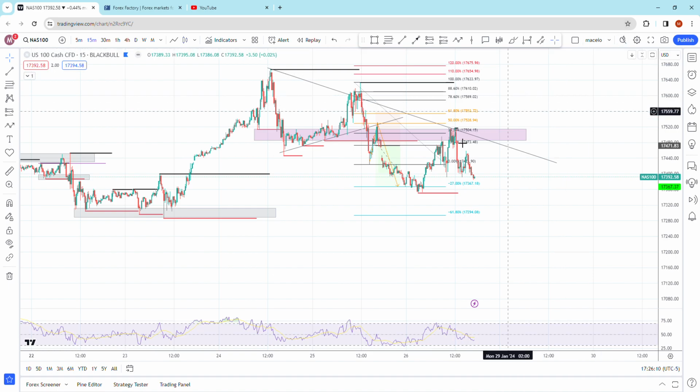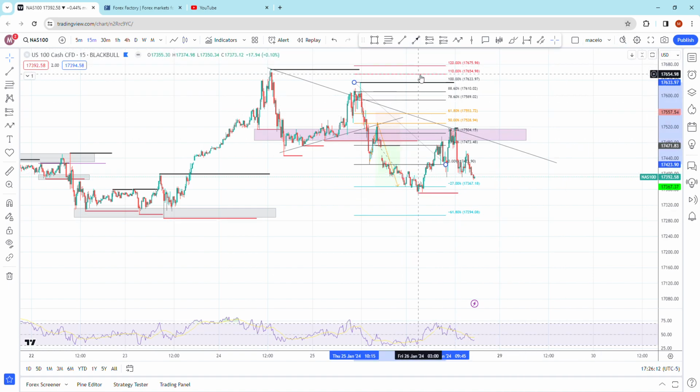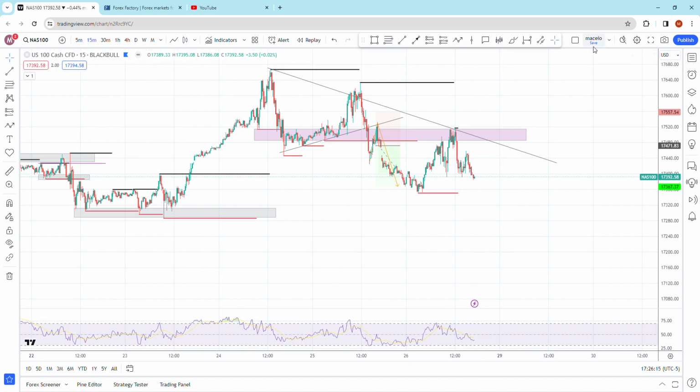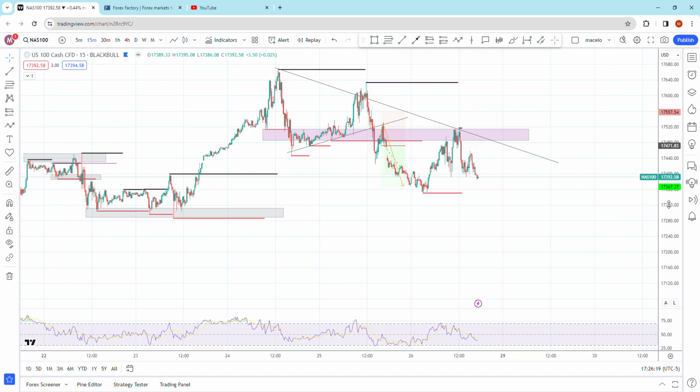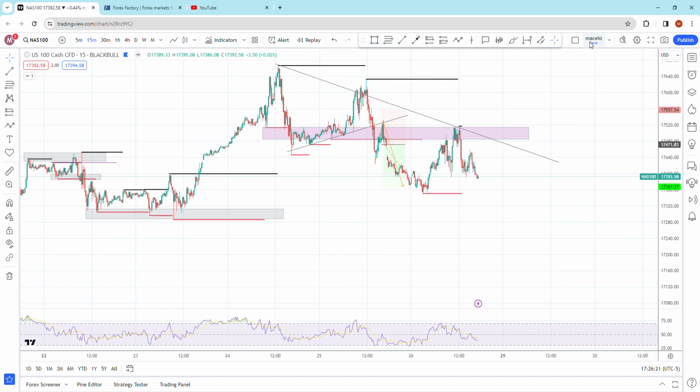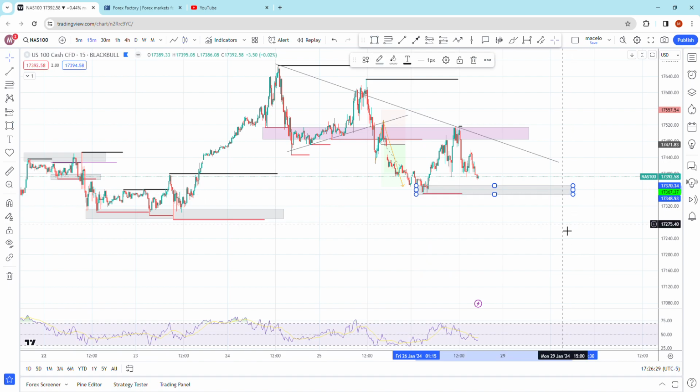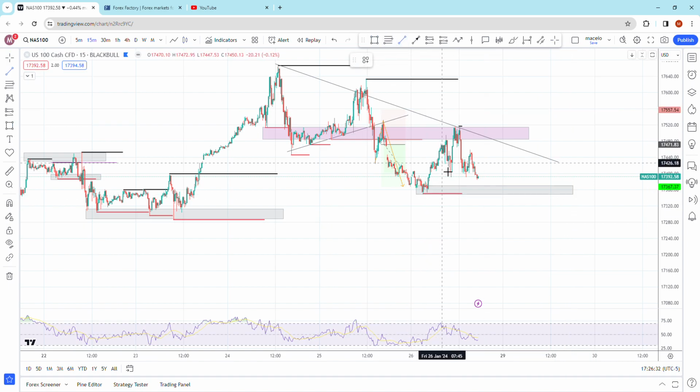But now what I could see, like I said, when you trade off the 15 minutes, I don't worry about the higher time frames when it comes to Nas. It's a strategy that I came up with. I see it works, so I just stick to it. At the moment now, I have this as a support area right now, but I also keep in mind this right now.